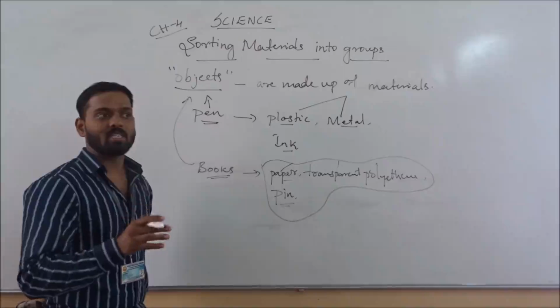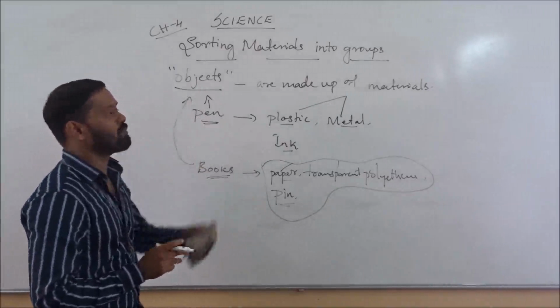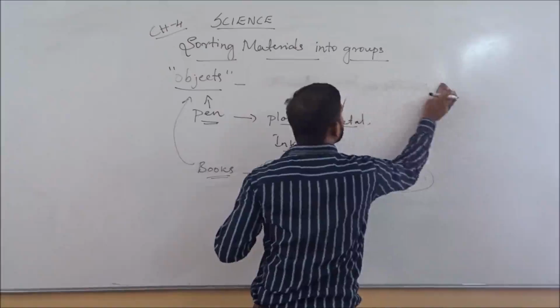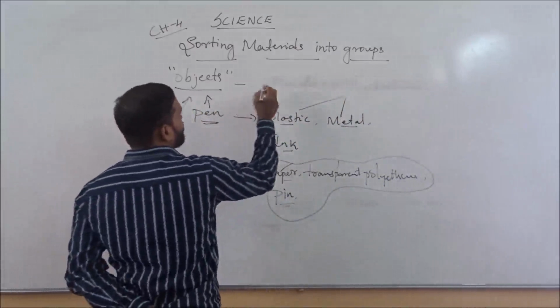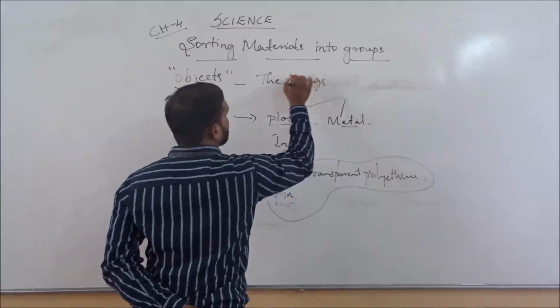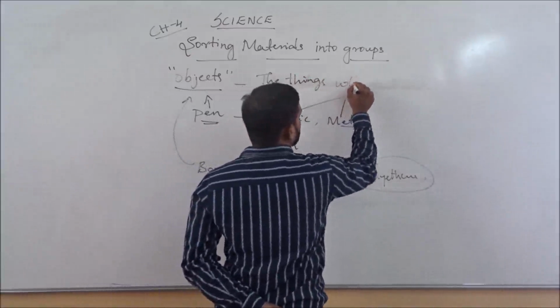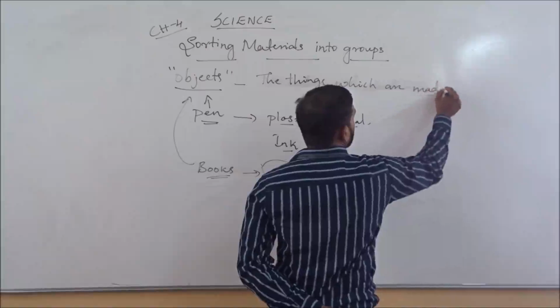Suppose any things which are made up of more than one material, such kind of things we can call an object. Another way of defining it: what does object mean?